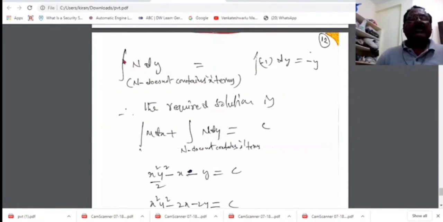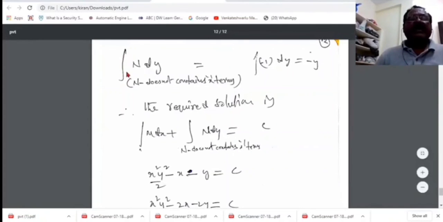Now the integration of N: N does not contain x terms, so the term is only minus 1 into dy. Minus 1 integration with respect to y is minus y.